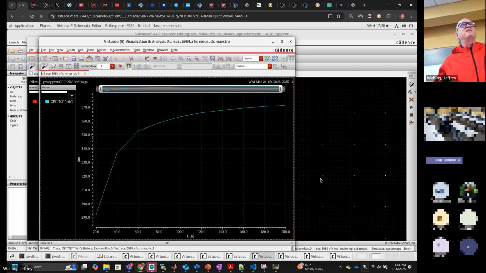Now, in the fully depleted SOI process that we're using, fully depleted means that they haven't doped at all under the channel, so they're not doing stress engineering under the channel. So I swept length and measured threshold voltage, and lo and behold, I'm wrong. At least in our process, if you increase the length, the threshold voltage will increase.